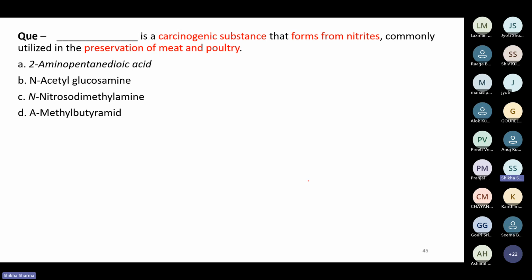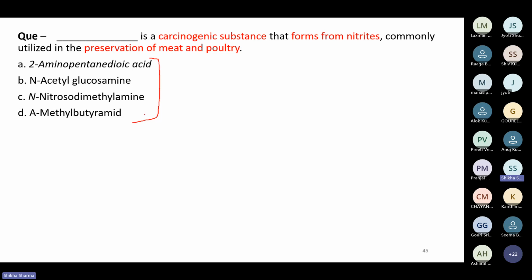So let's move to the next question: dash is a carcinogenic substance that forms from nitrite and is commonly used in the preservation of meat and poultry products. We have these four options.